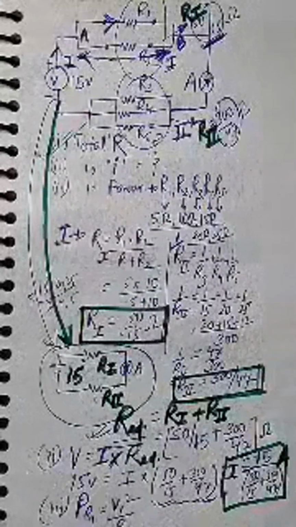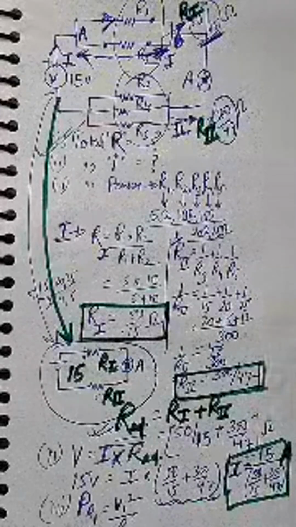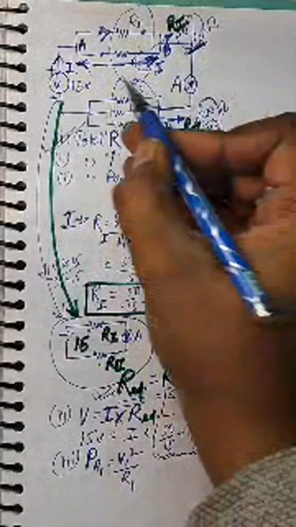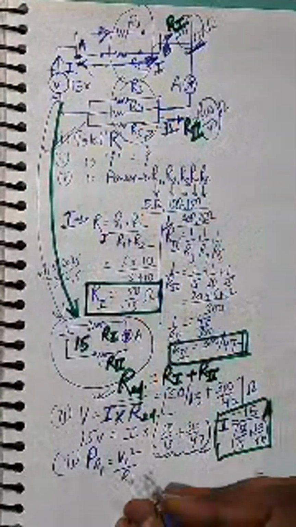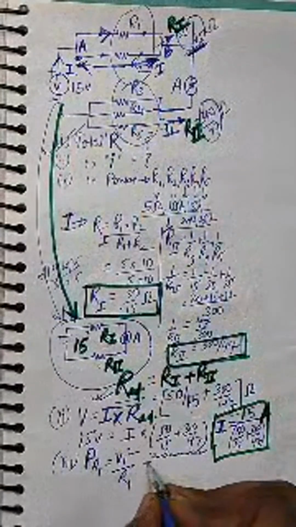Power through R1 equals V1 square by R1, right? Is it visible? What is V? V means the voltage across A and B, and that is calculated by this current multiplied with this R1.